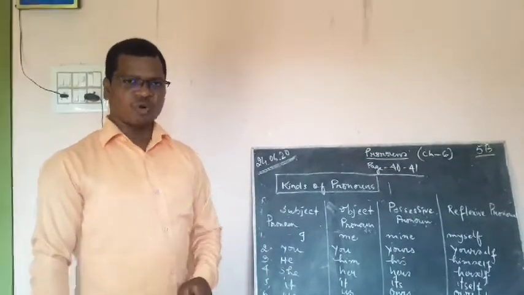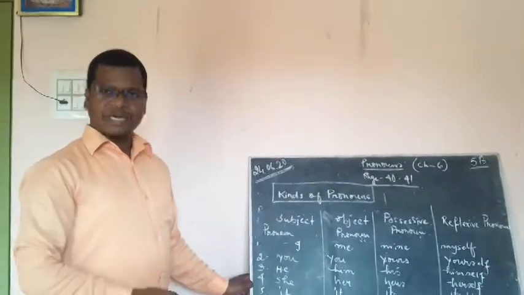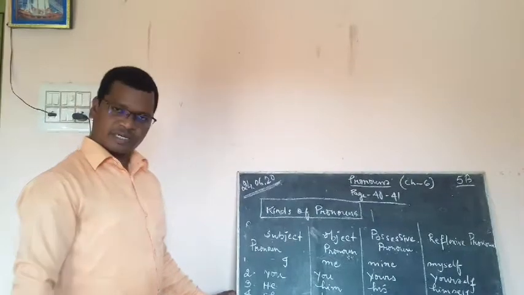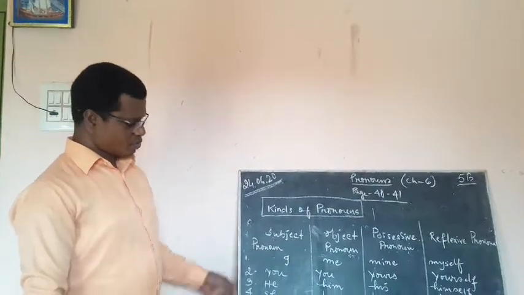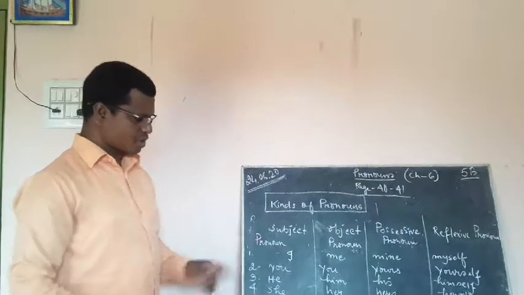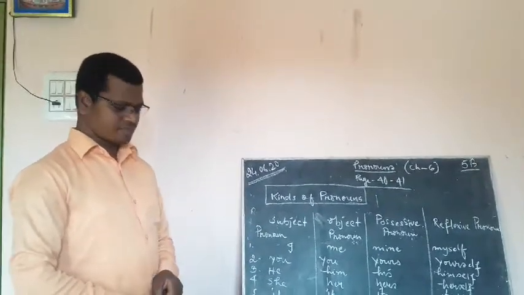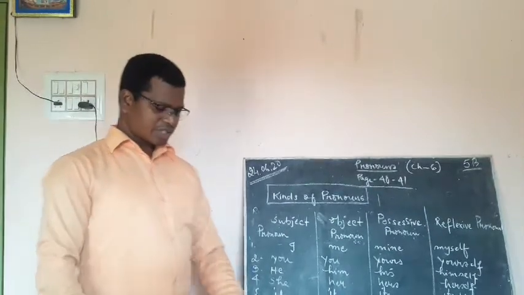So I request you all, please learn this so that you don't make any mistakes when you do the exercise. Please note down all these things so that you have a clear understanding of the different kinds of pronouns I have written here. Let us now move on to the exercise.